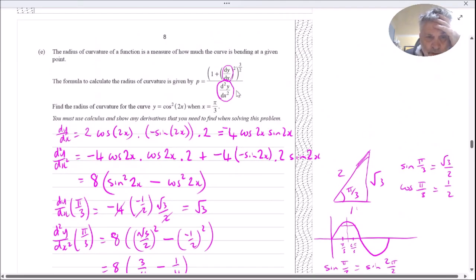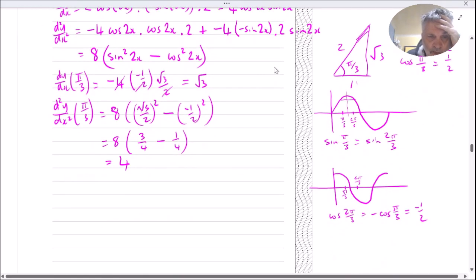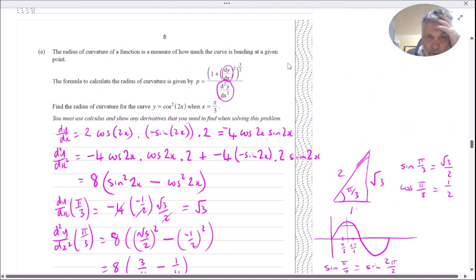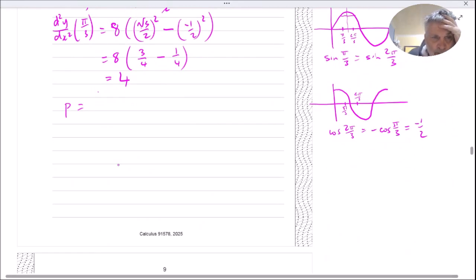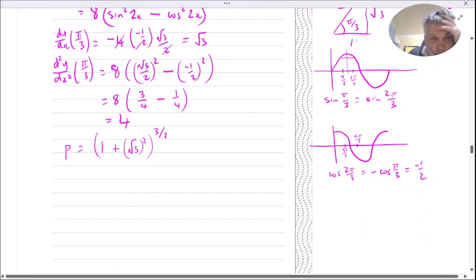So we've got a root 3 that goes in here, and we've got a 4 that goes in the bottom. So we get the curvature, 1 plus root 3 squared, to the power of 3 over 2, all divided by 4.